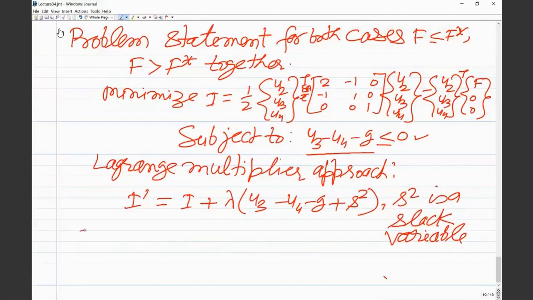So now for the equilibrium, obviously delta I dash has to be equal to 0.